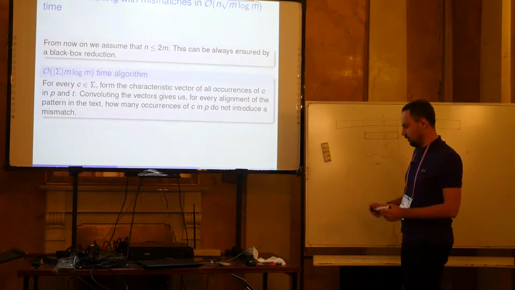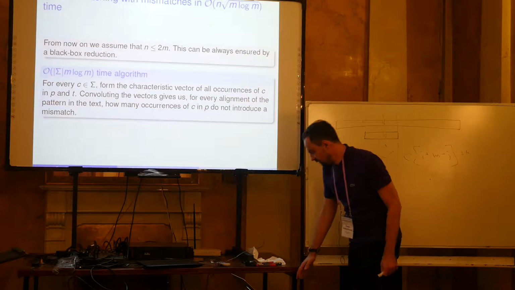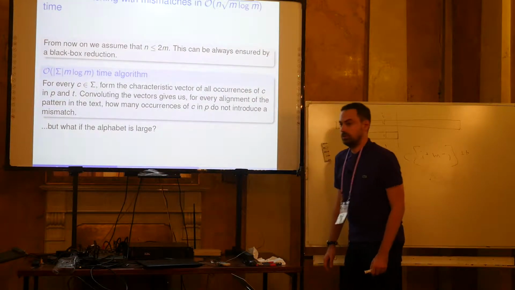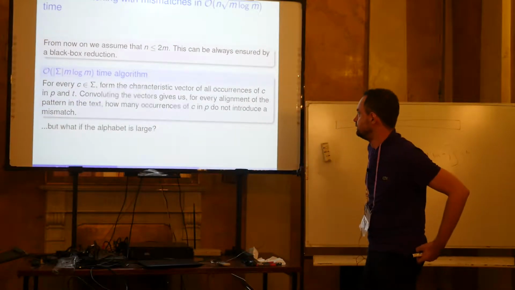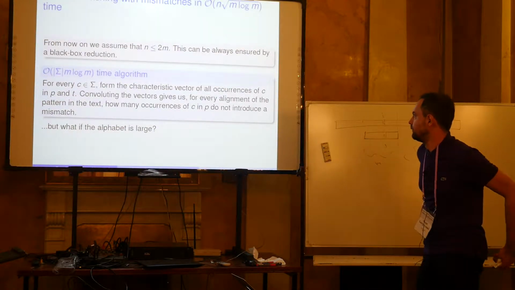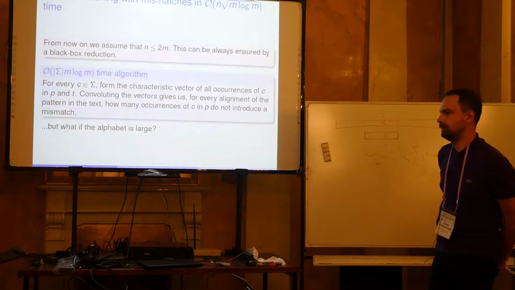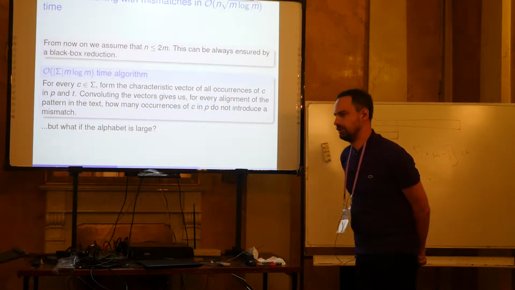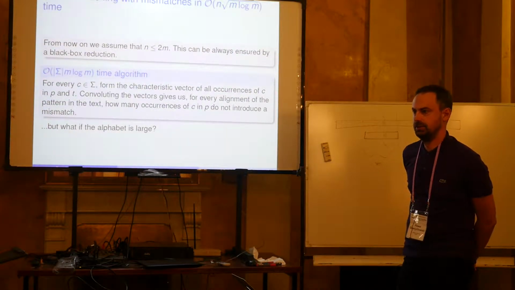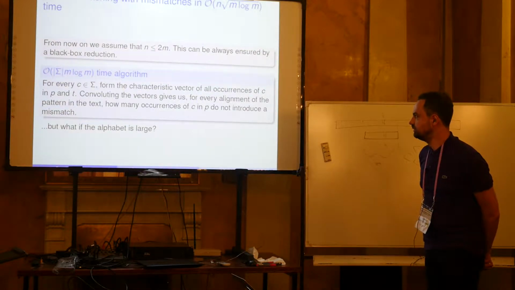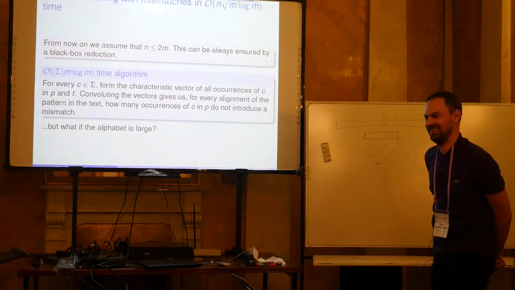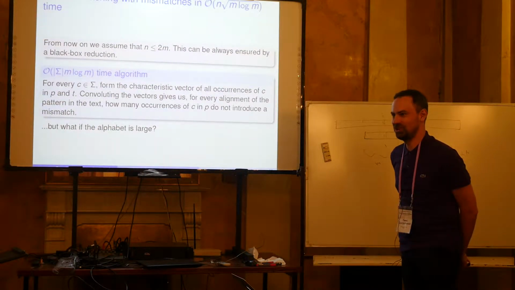Okay, so now what you could do if your alphabet is large. Is it true that if the alphabet is large, we can replace the size of sigma by log size of sigma? In fact, I will show you that probably not. That's the only conditional lower bound that I will do today.